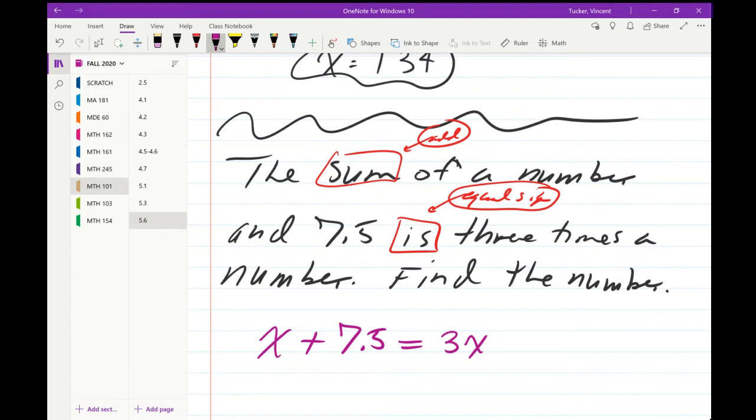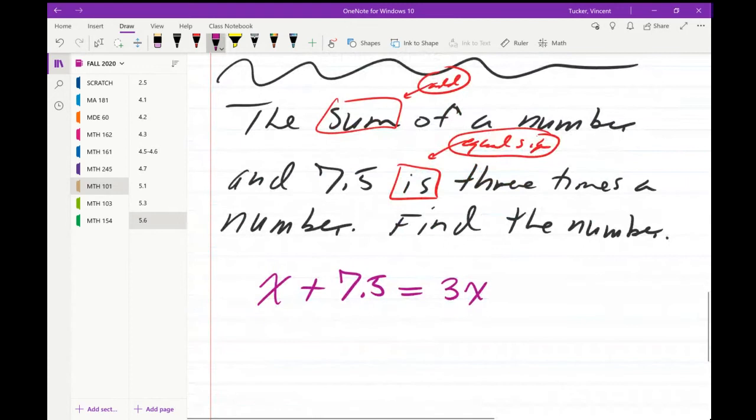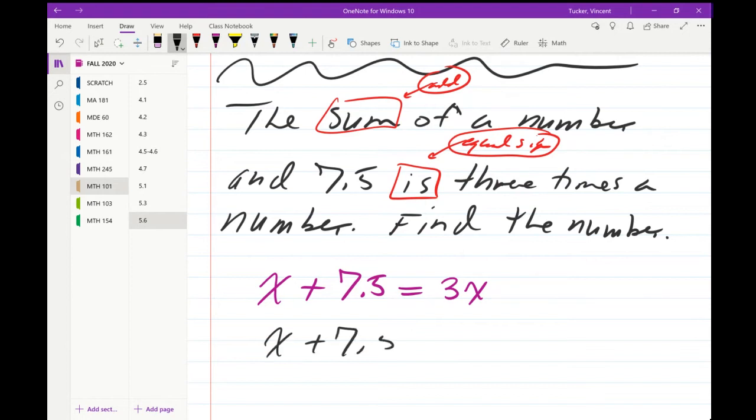All right, questions on the setup. All right. So now we want to get all of our x terms to one side. So now we can subtract x from both sides.